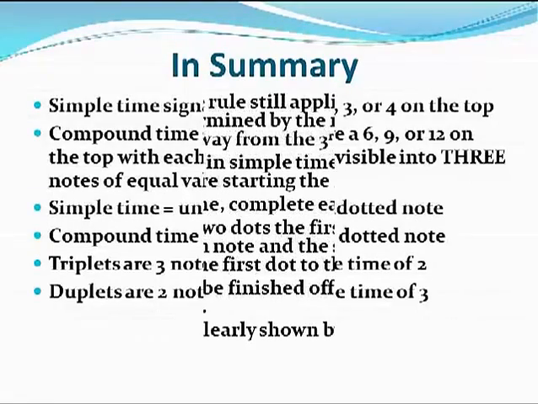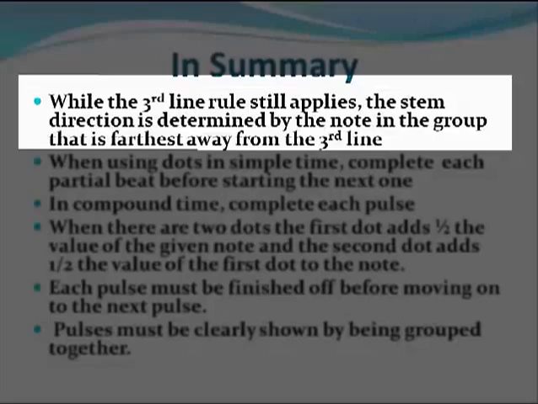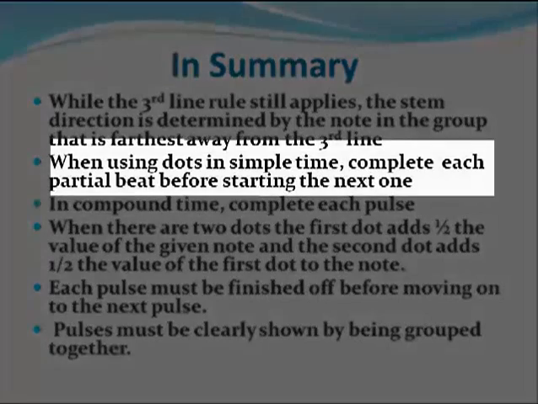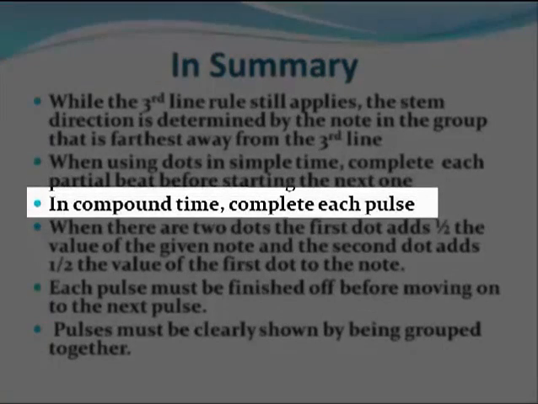While the third line rule still applies, the stem direction is determined by the note in the group that's furthest away from the third line. Remember, when using dots in simple time, complete each partial beat before starting the next one. In compound time, you complete each pulse before moving on.